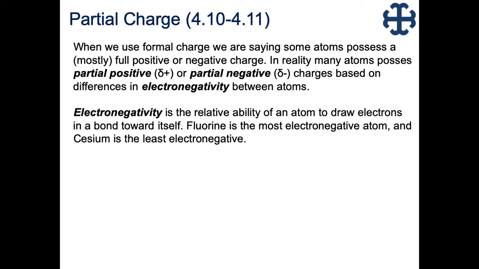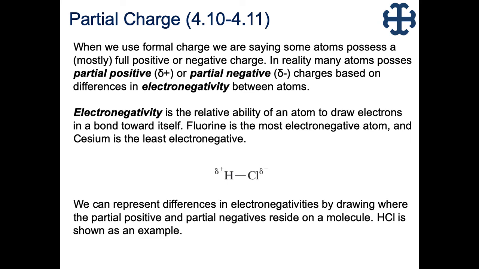Basically, the smaller our atom is, the more the electrons are going to feel the pull of the protons that reside in our nucleus, and that is going to make things more electronegative. So for example, fluorine is going to be our most electronegative atom that we're going to deal with. And then cesium, down at the lower left corner of the periodic table, is going to be the least electronegative.